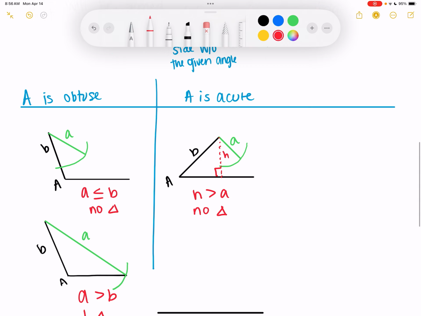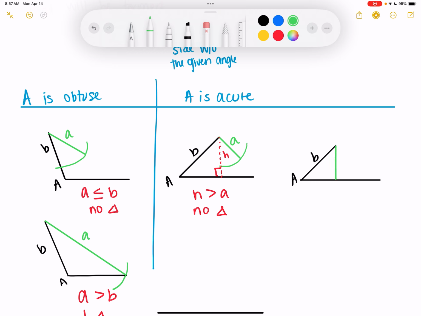The next one, let's set it up again. Oh, I made that one really big. So I've got angle A, side B. But this time, A is going to be basically right here.